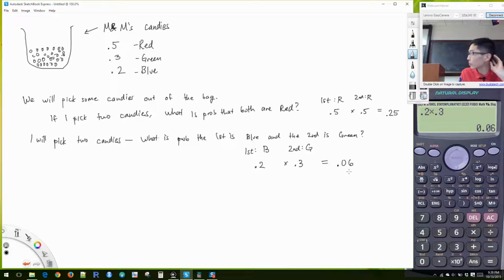Is this okay? So far, so good. Okay. What about this one? All right. So I will pick two candies again. Okay. What is the probability that I end up with one blue and one green?